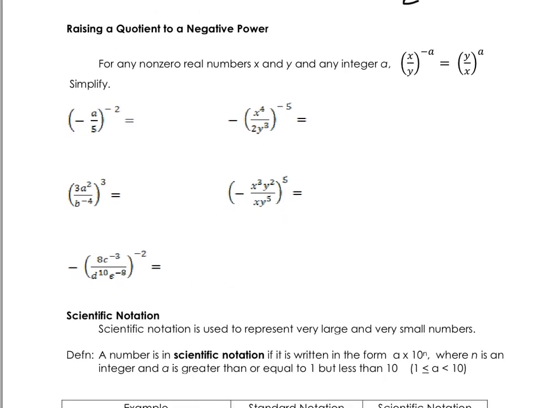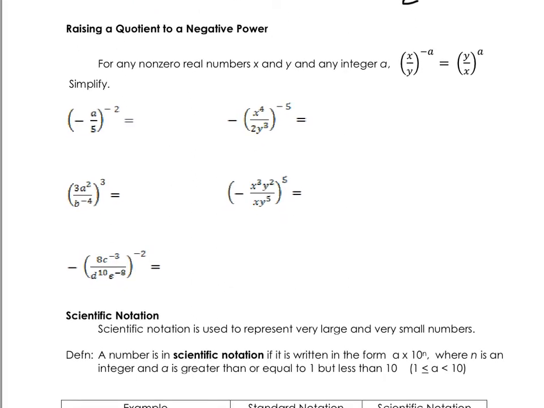Raising a quotient to a negative power: for any non-zero real numbers, x and y and any integer a, x over y to the negative a is the same thing as y over x to the a. So if you raise a fraction to a negative exponent, it flips the fraction. So let's take this fraction, negative a over 5, we're raising it to a negative 2 exponent.